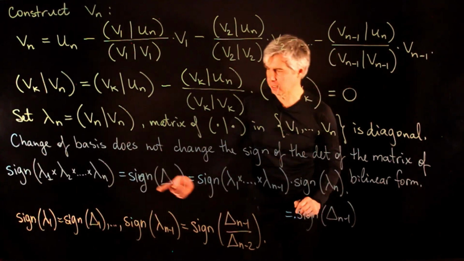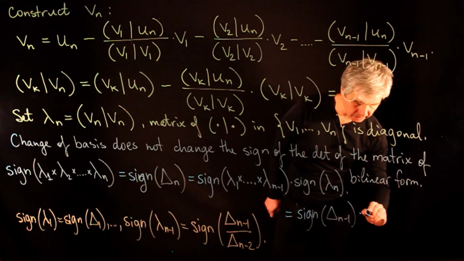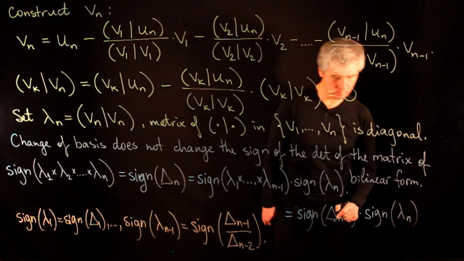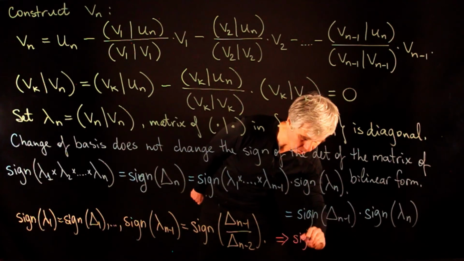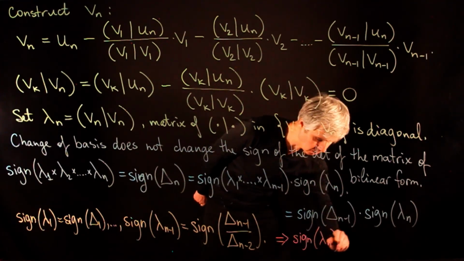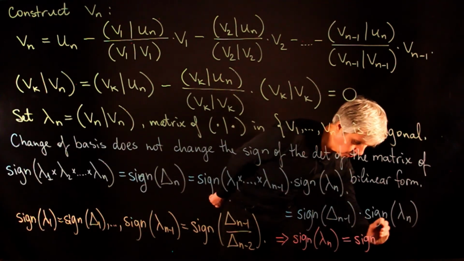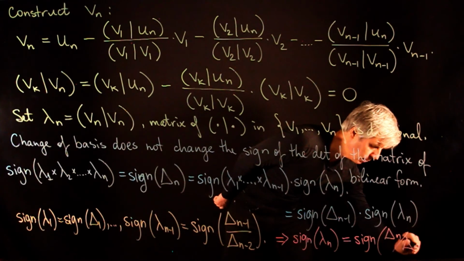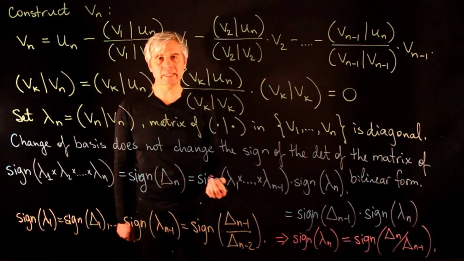So we have that the sign of delta n is the sign of delta n minus 1 times the sign of lambda n. And this gives us the desired result, that the sign of lambda n is equal to the sign of delta n divided by delta n minus 1. And this completes the proof of Sylvester's criterion.